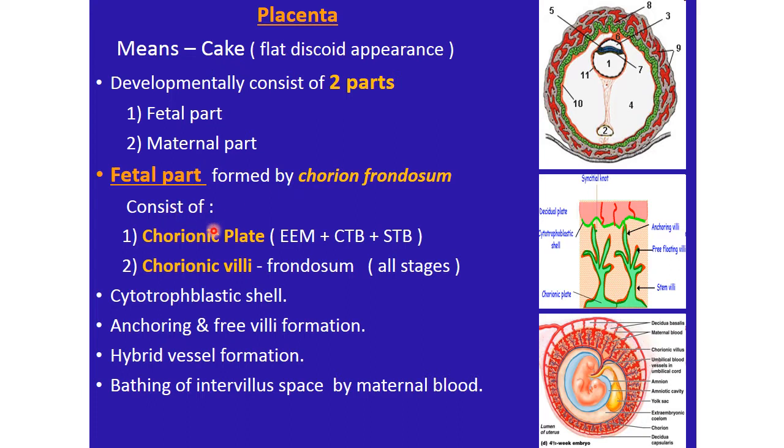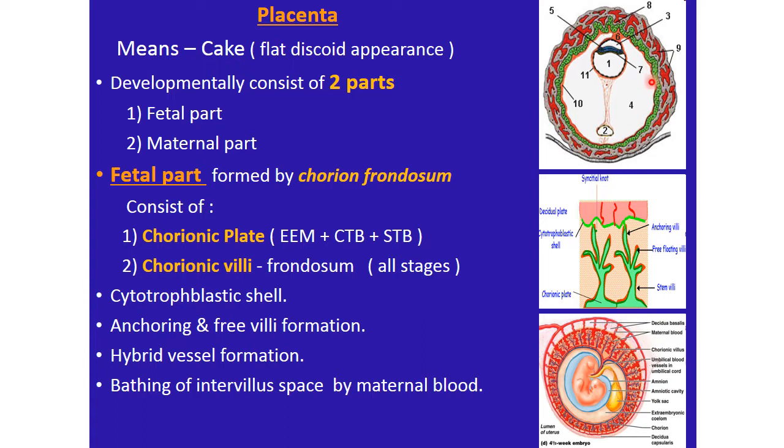The chorion frondosum consists of the chorionic plate and the number of villi of all these three stages, primary, secondary and this tertiary one. Chorionic plate consists of three layers from inner to outer.